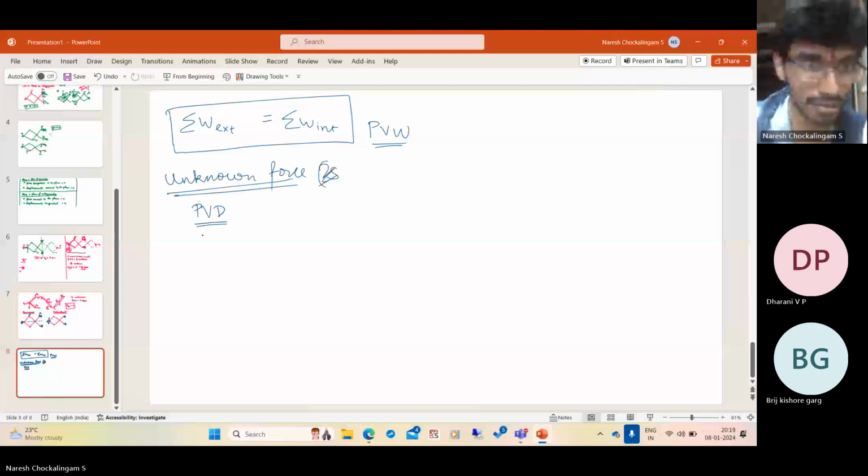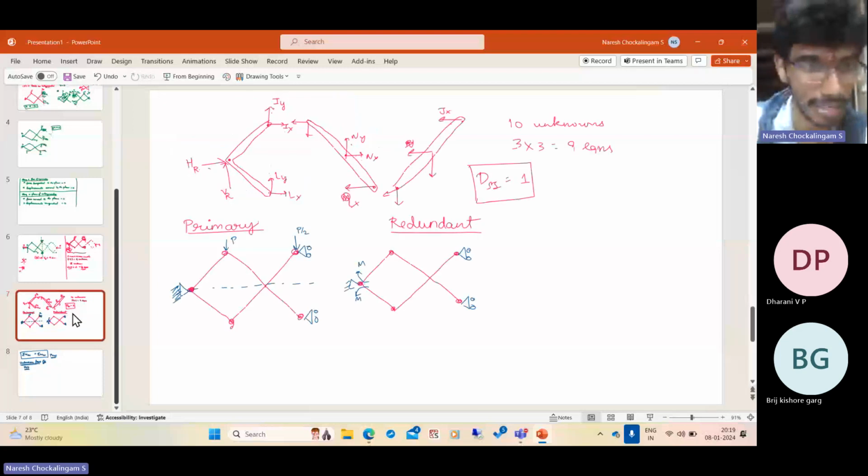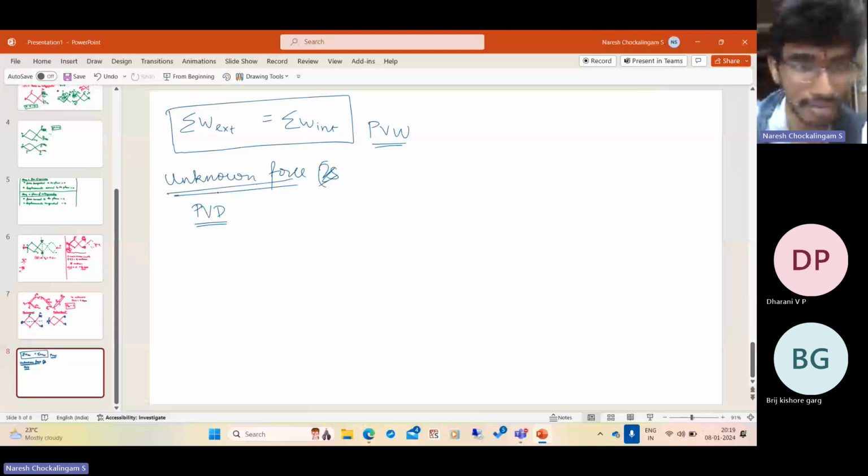So in this problem, I'm interested in the horizontal reaction here, right? And of course, it is the same in the other also. So I want to find out the horizontal reaction here. So let me denote that by this. Now I'm considering a virtual displacement field.